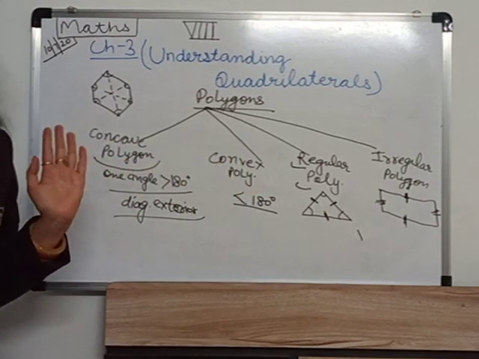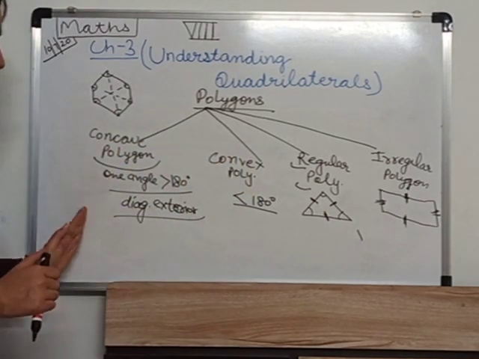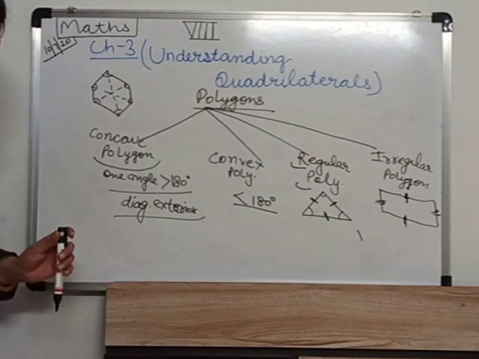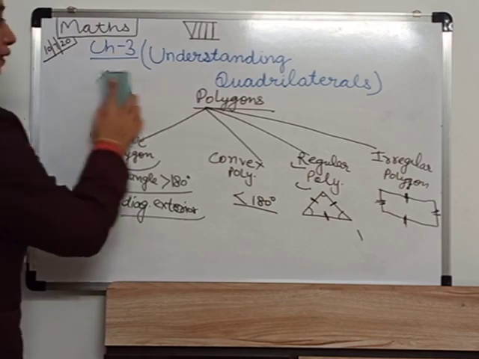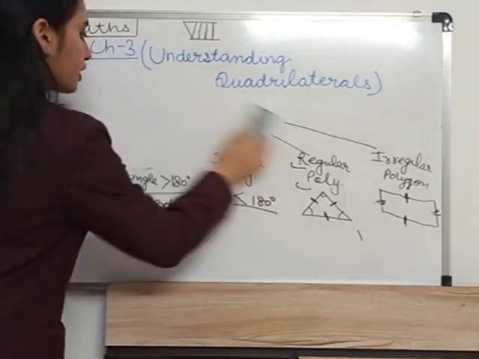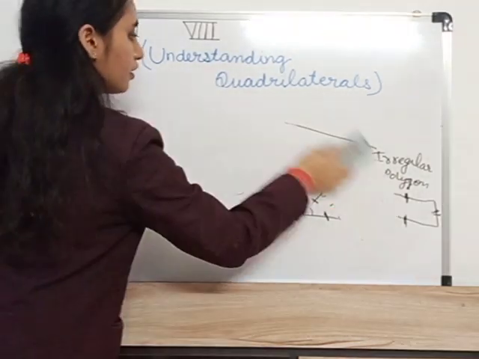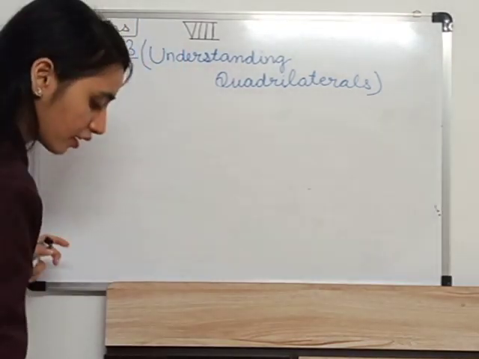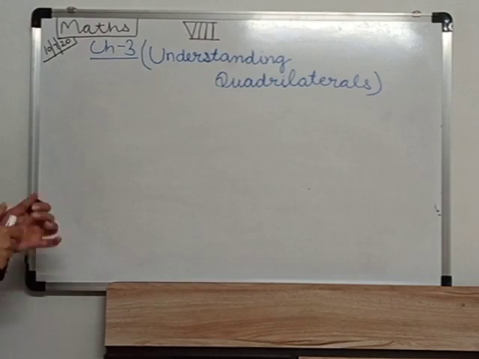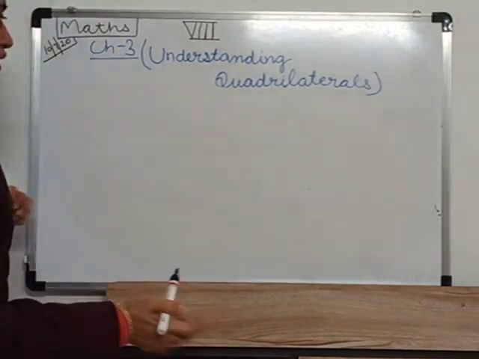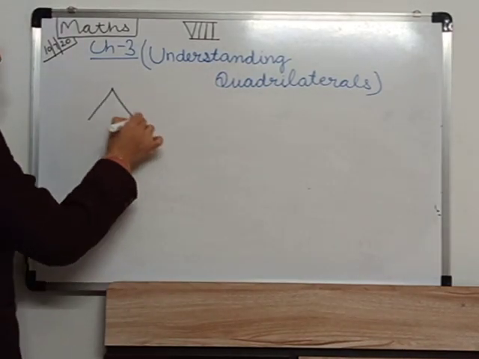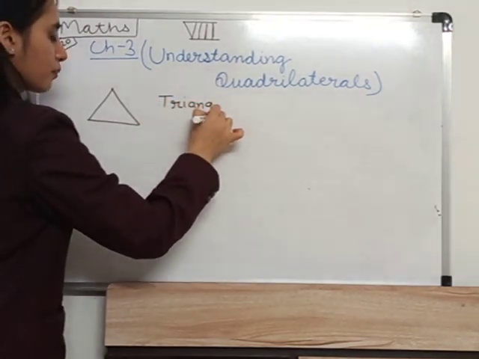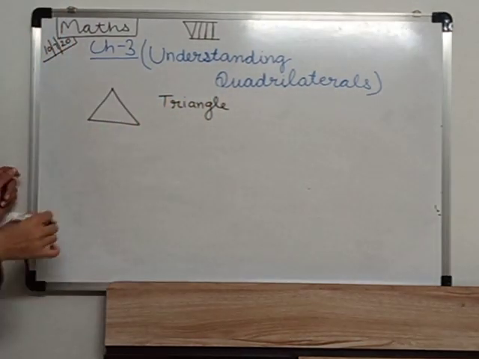So next time we will take some examples related to these also. Okay. Now one more thing: the polygons we have done, triangle, quadrilateral, pentagon, hexagon, these are the names of polygons according to their number of sides. This is a 3-sided polygon. The name of this polygon is triangle.